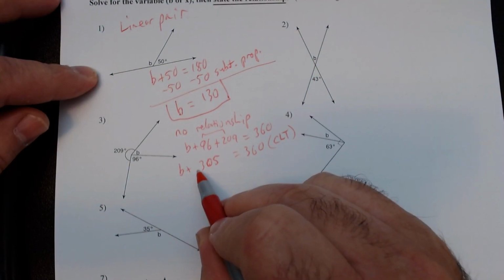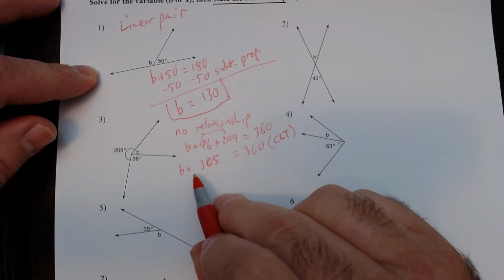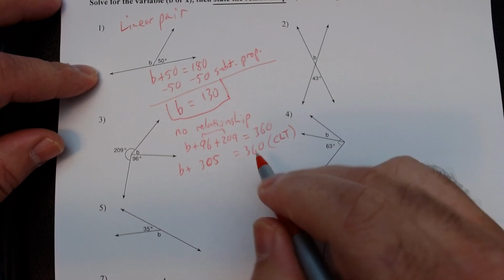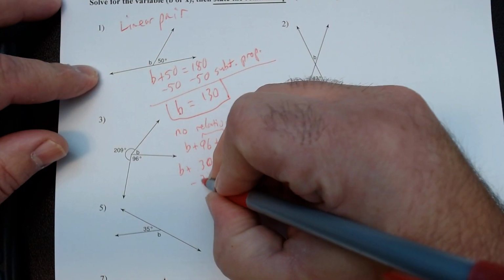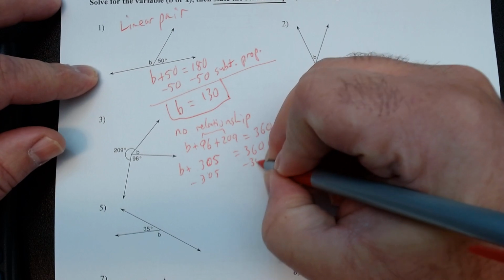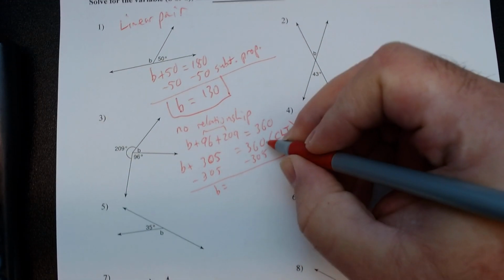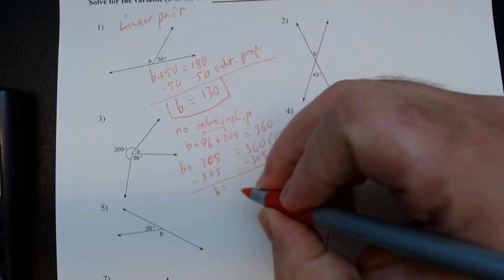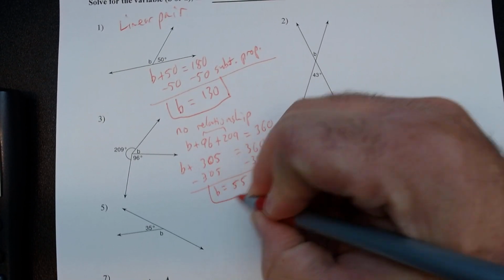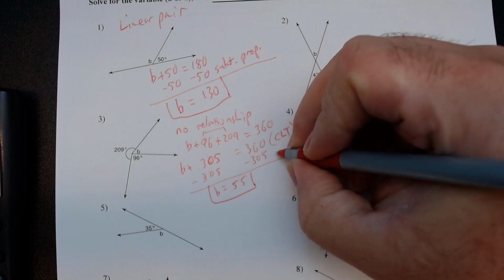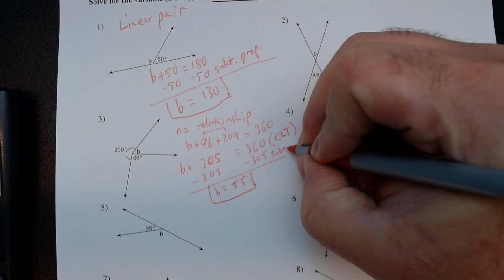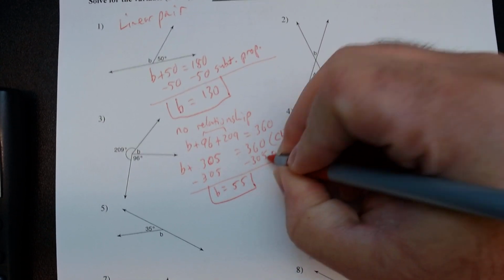And then you need to move this 305 to the other side. We're going to subtract it. So that's subtraction property. Subtract 305. You get b equals 360 minus 305 is 55. And there we go. So this was the subtraction property right here on this step.